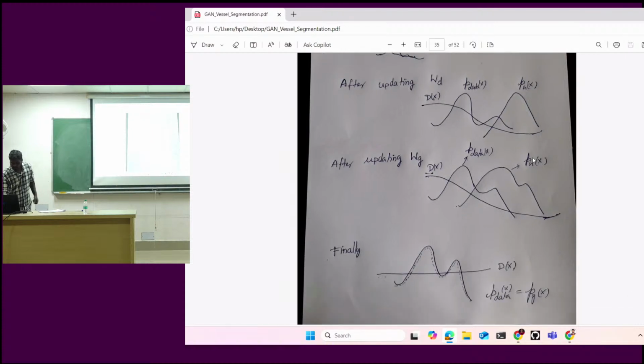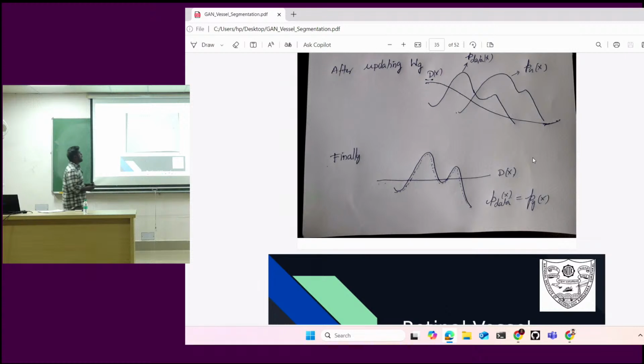you have to keep on updating that. So finally you see that the two distributions, this may be the distribution of the input samples, and this is the distribution of the samples generated by the generator. And you see that the two distributions are equal, and d of x is a constant which is equivalent to half.